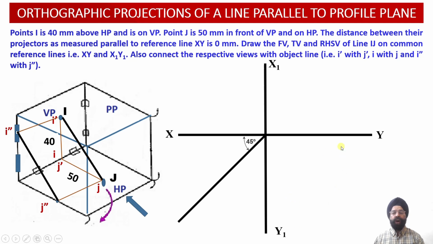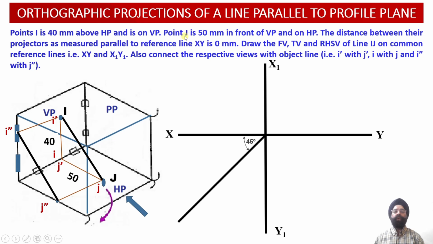Here we are going to draw the top view projections, and here we are going to draw the profile view, that is the right hand side view projections, on the left hand side of the front view. The front view will be drawn on the vertical plane, the top view will be drawn onto the horizontal plane, and the right hand side view projections will be drawn onto the left hand side profile plane. Now with the given data, let us plot the points I and J in the side view projection.